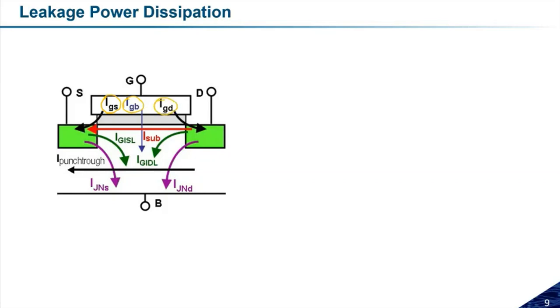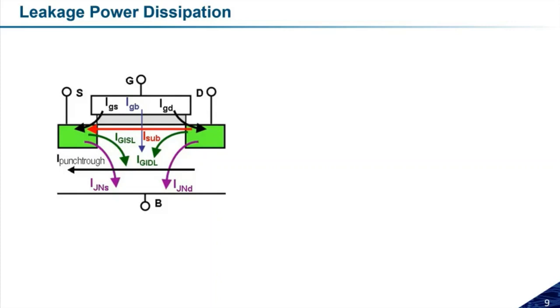So if you break the gate oxide leakage current, there could be three components. One component could be IGS, the second IGB, and the third IGD. These three can be the components for the gate oxide leakage current.